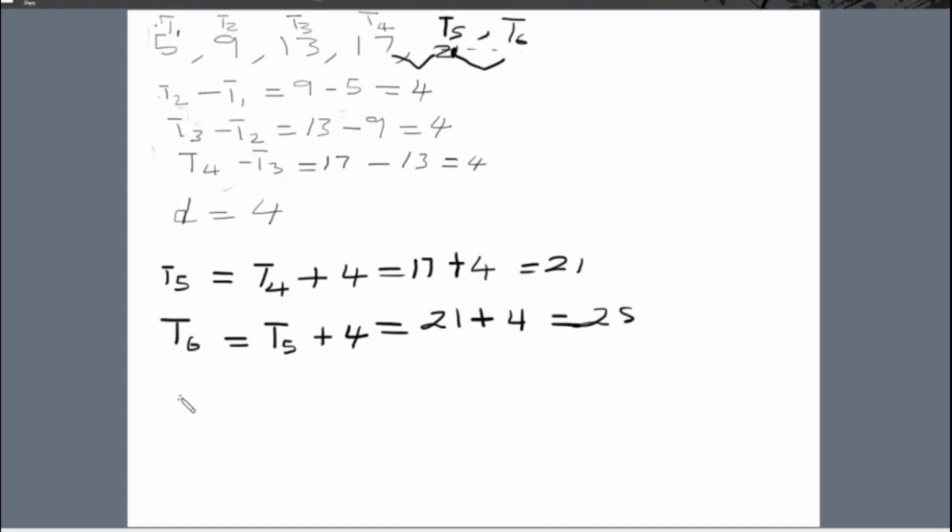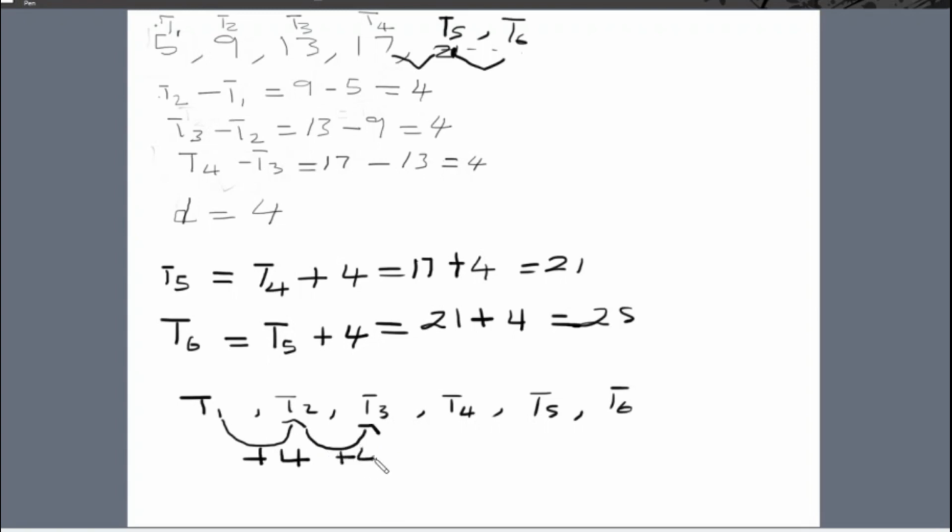So T1, T2, T3, T4, T5, T6. What is T2? We add 4 to T1. What is T3? We add 4 to T2. What is T4? Add 4 to T3, and so on, because the common difference is 4.